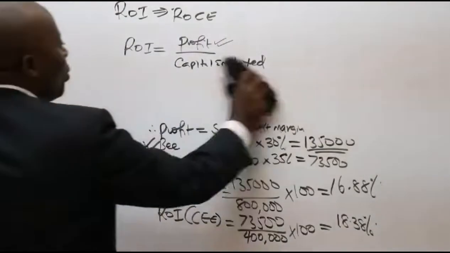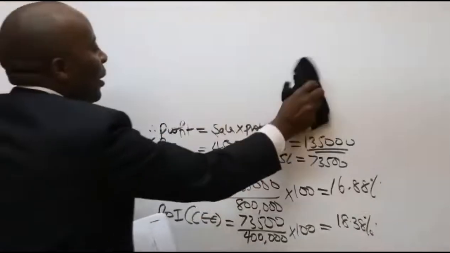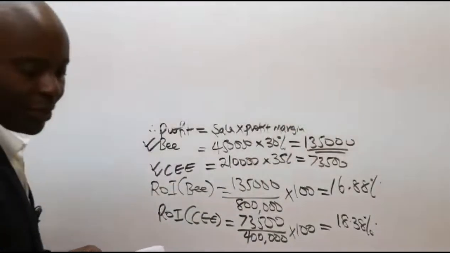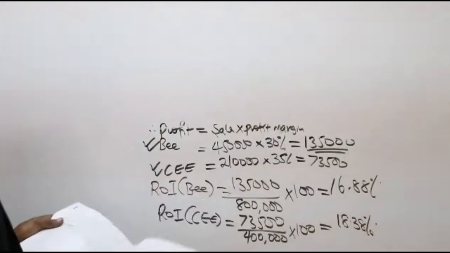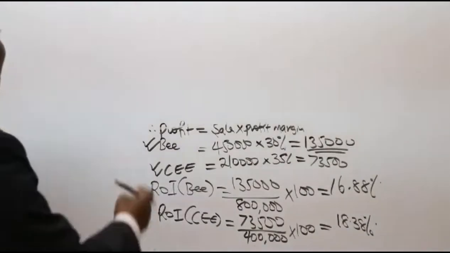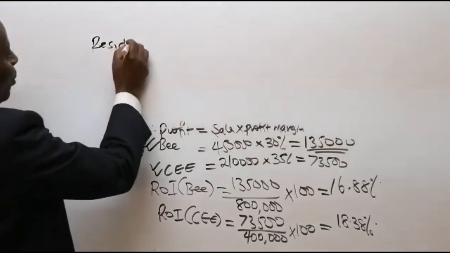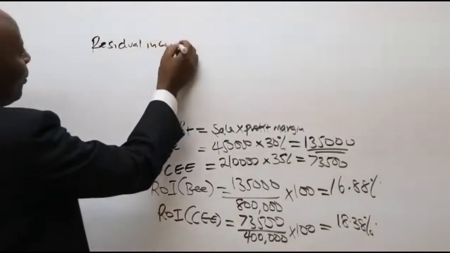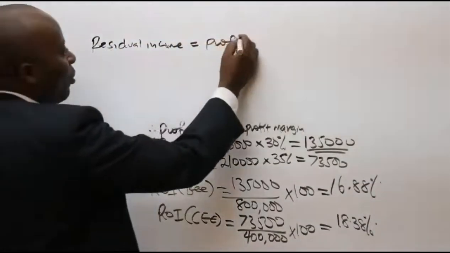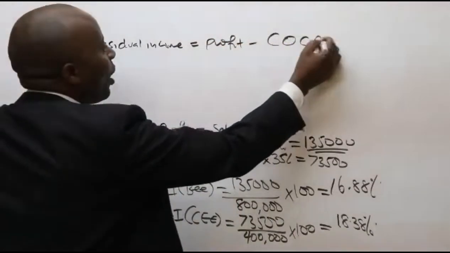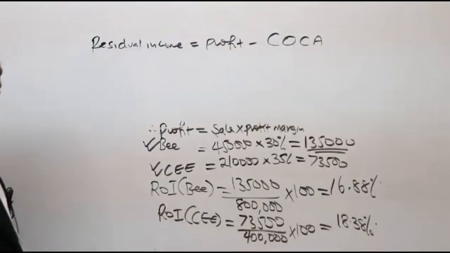So what I need to do is to remember that to get residual income, I take the profit minus the cost of capital employed.